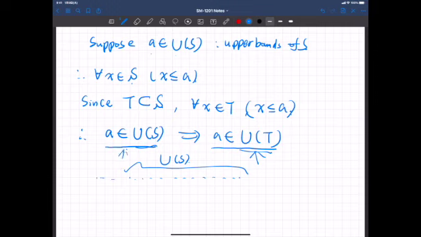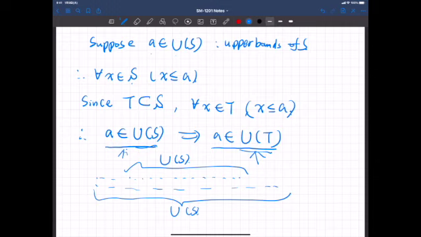So the set of upper bounds of T is greater than U of S. Okay. So the minimum value of U of S is greater than the minimum value of, sorry, this is not U of S, but U of T. Okay.